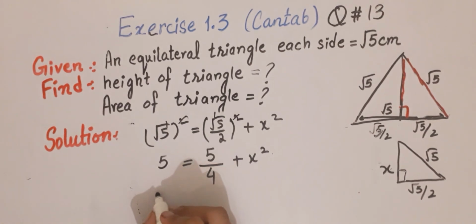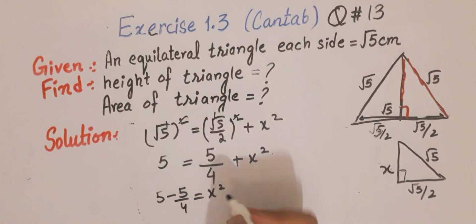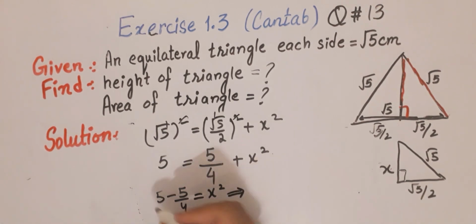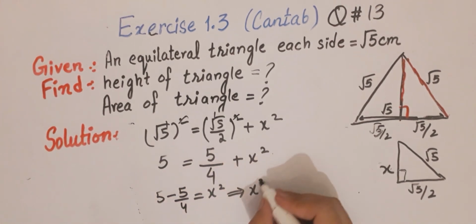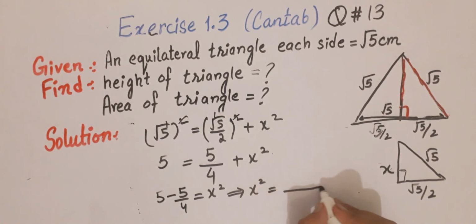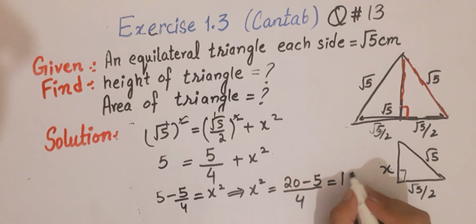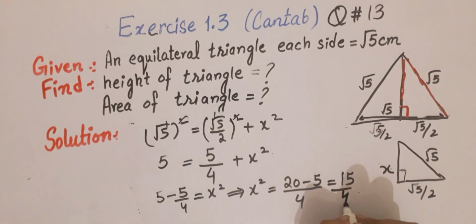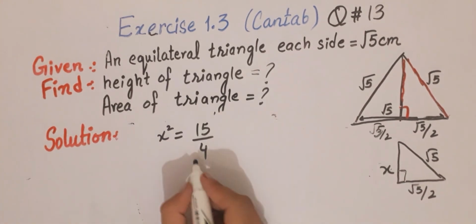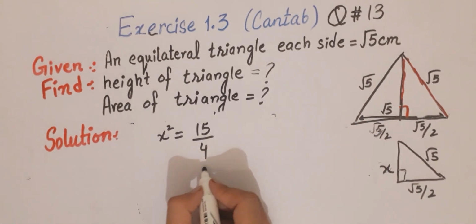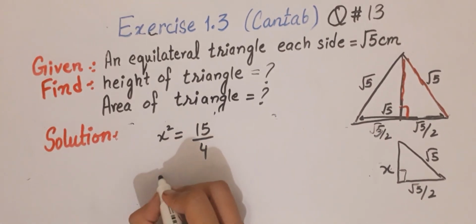Now 5 minus 5 by 4, which is equal to x square. By taking the LCM of this, we have x square is equal to 20 minus 5, 15 by 4. X square is equal to 15 by 4. We have to find the value of x.